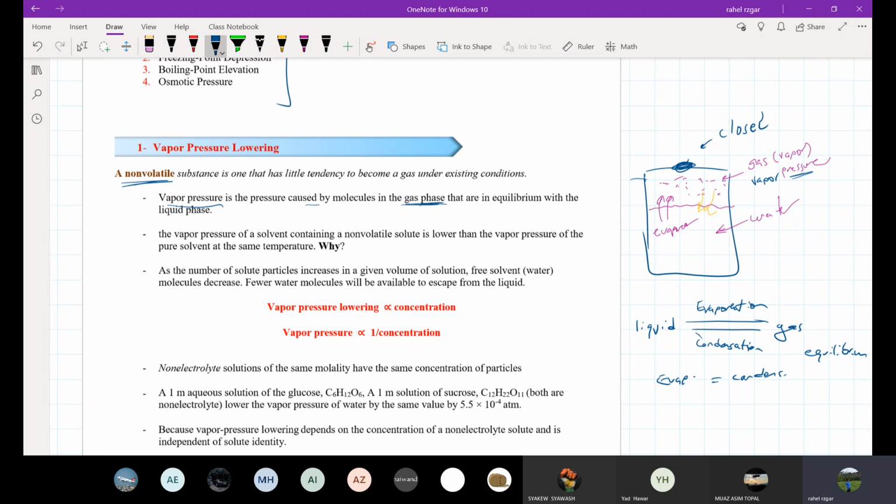If we increase the concentration, will the pressure increase or decrease? Here's the point. It says the vapor pressure of a solvent when it contains a non-volatile solute, so when it becomes a solution, is lower than the vapor pressure of the pure solvent at the same temperature.